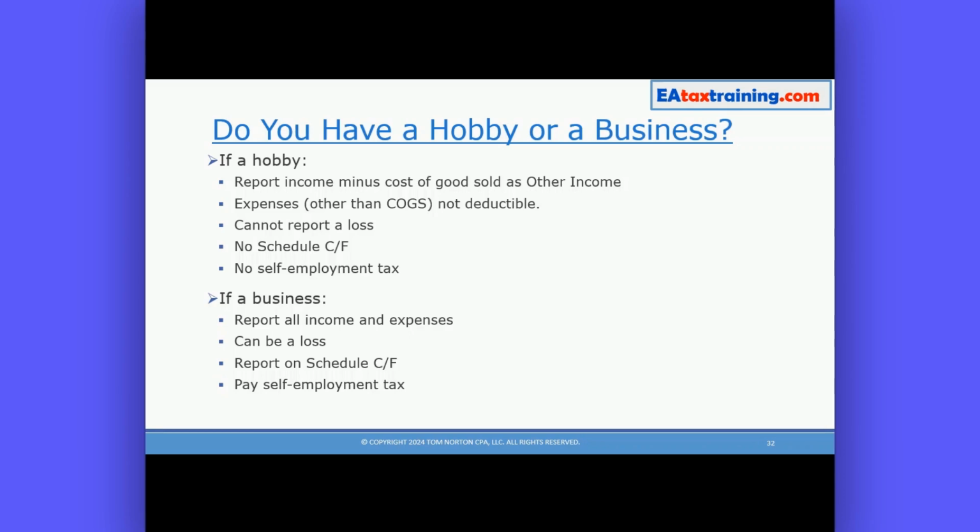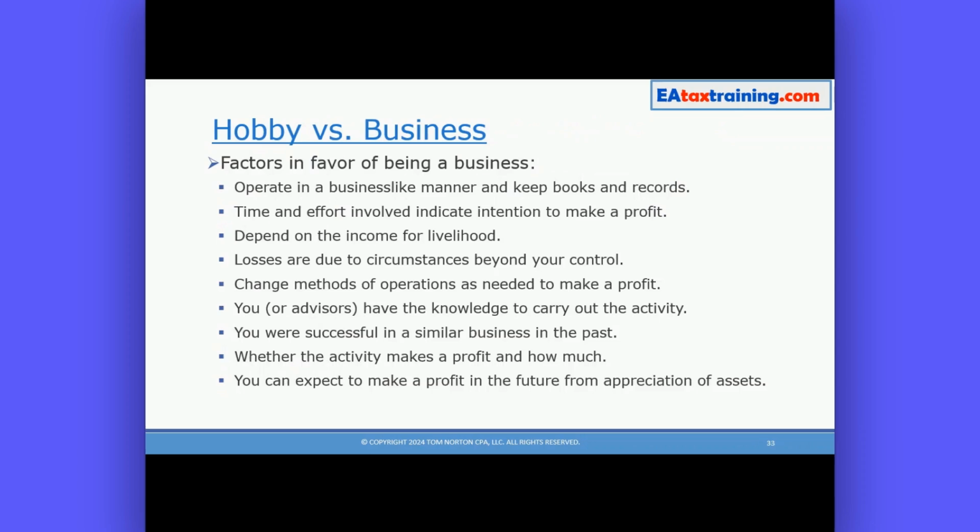This is just a hobby. So they're trying to go after people who are trying to turn a personal hobby into a business in order to take a loss against their other income. They're trying to prevent that. So they have these rules that try to distinguish between what is a hobby and what is an actual business.